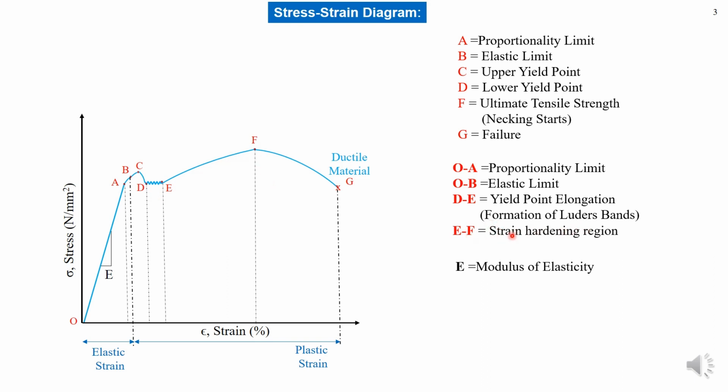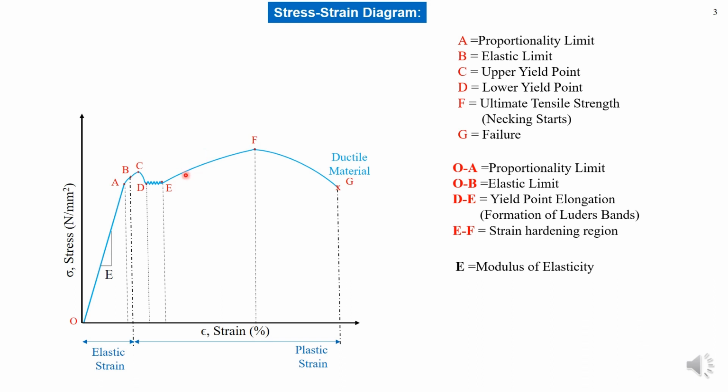As its name suggests, in this region strain is hard to produce, means you have to increase stress in order to produce strain, and this occurs due to dislocation pile up. So assume you are aware of dislocations. Edge dislocation is one example of dislocation.